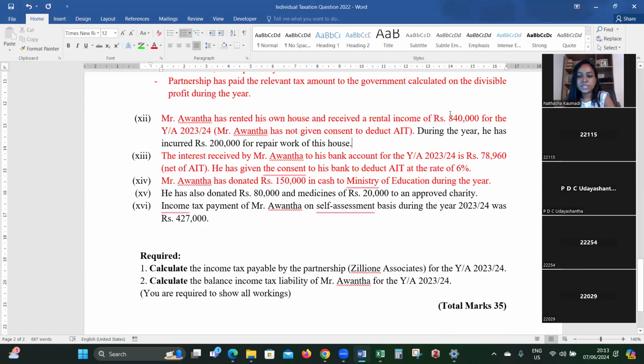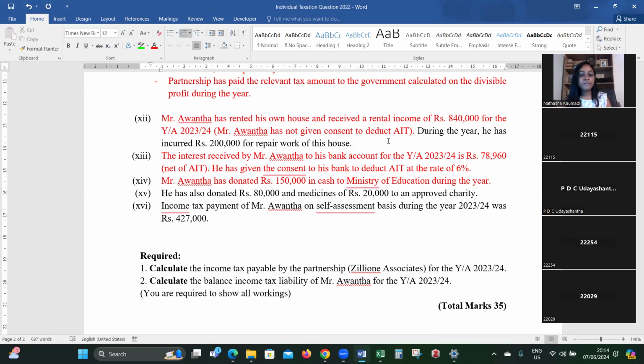For that, you consider a total of 840,000 as the residence rental benefit. Even though you are giving it on rent and earning rent, for depreciation, maintenance and other stuff, you might be incurring some expenses, right? For that, you can claim rent relief.